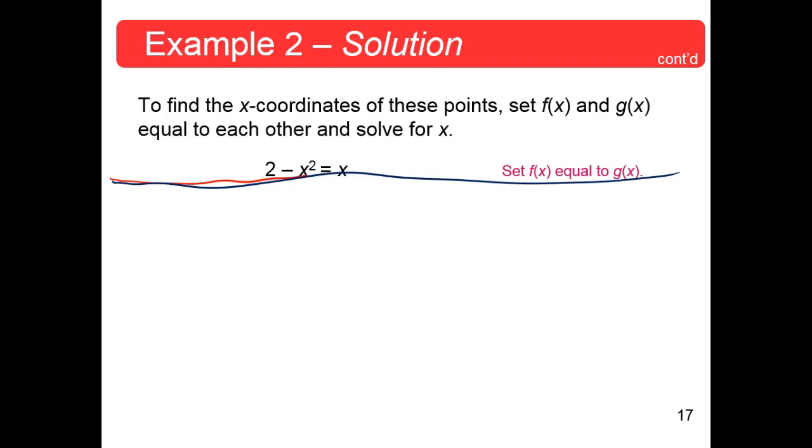Find the area of the region between the graphs of f of x equals 3x cubed minus x squared minus 10x, and g of x, which is minus x cubed plus 2, no, that's minus x squared.